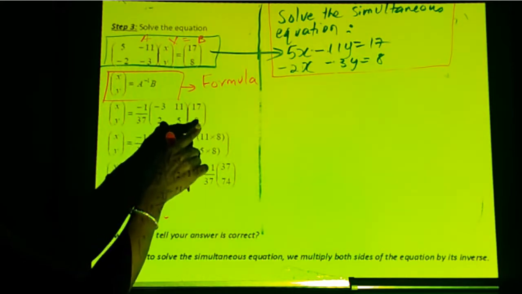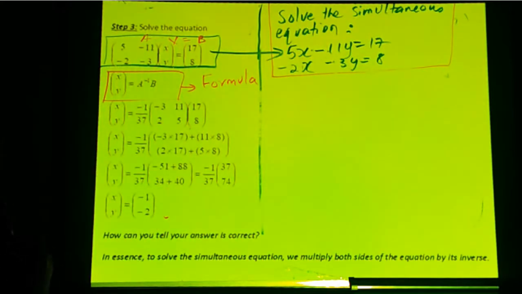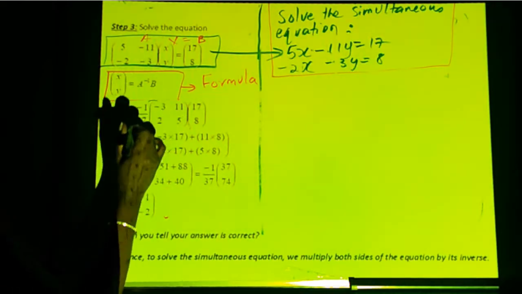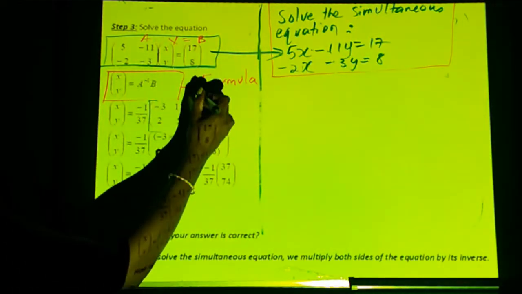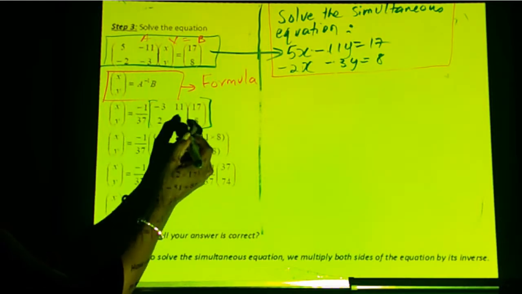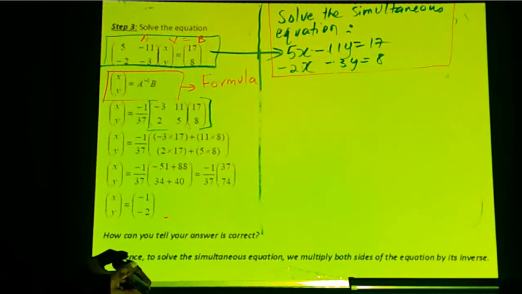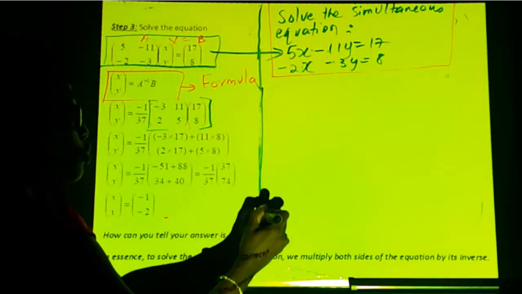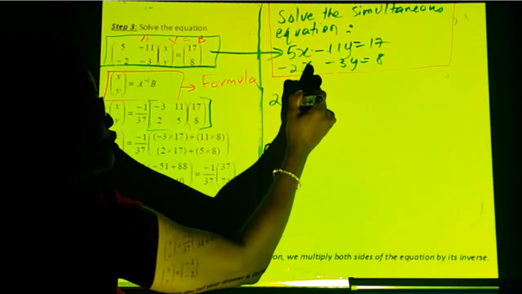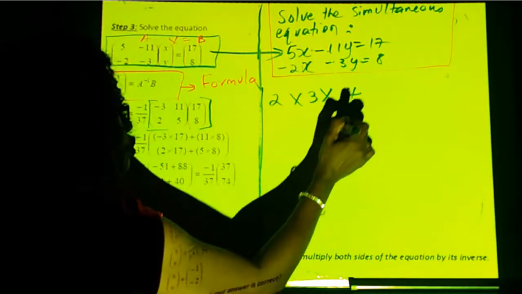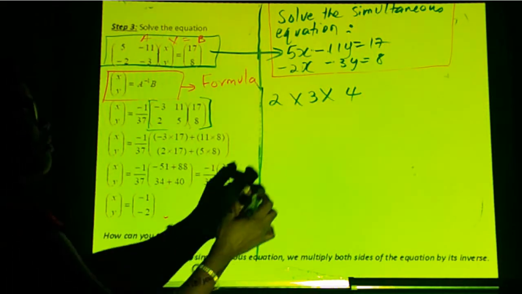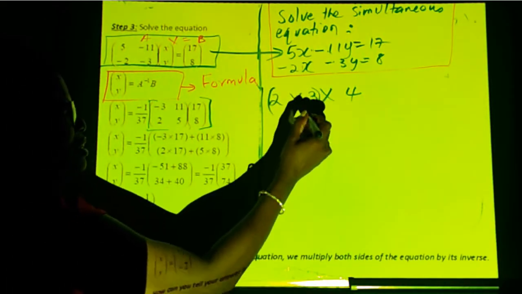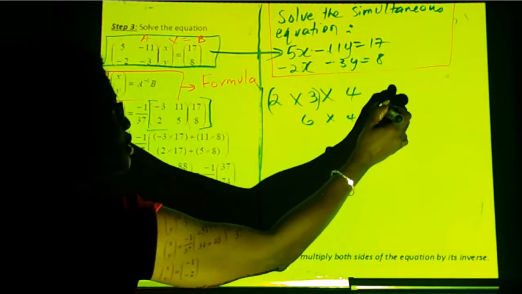So again, it's easier to multiply the two matrices first. And why is that? It does not matter which two numbers you multiply first. If I have 2 times 3 times 4, if I multiply 2 times 3, I'll get 6 times 4, which is 24.